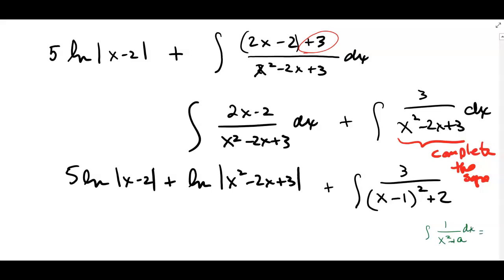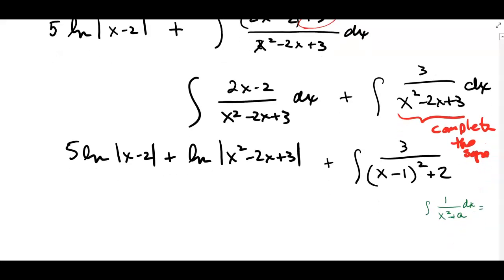This was our inverse tan, and that particular integral, instead of having a 1, we can make it general to make it an A squared. It ends up being 1 over A tan inverse of x over A plus C.